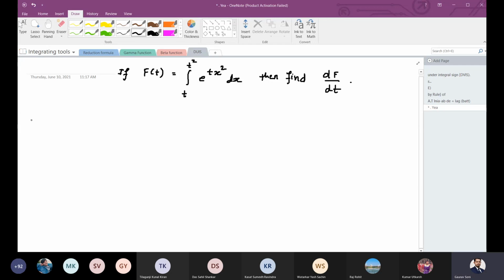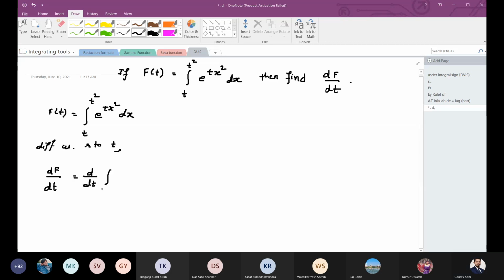So you have F of t. What is F of t? F of t is equal to integration t to t square e to the power tx square dx. Differentiating with respect to t, dF by dt is equal to d by dt of integration t to t square e to the power tx square dx.